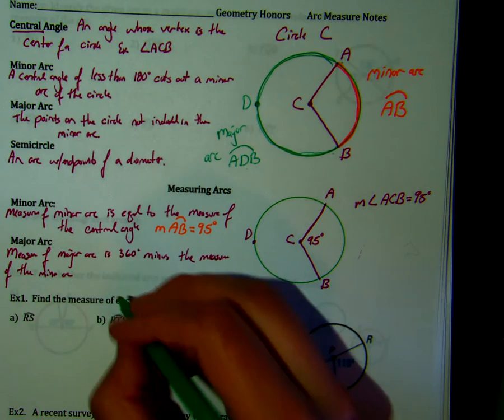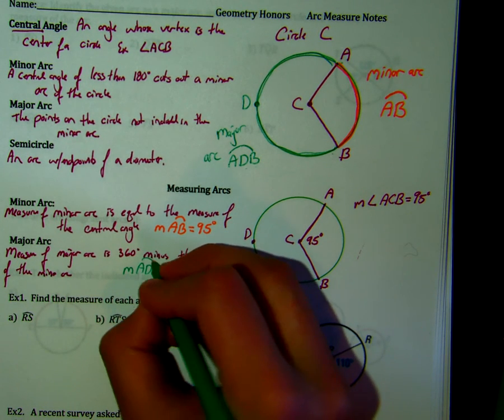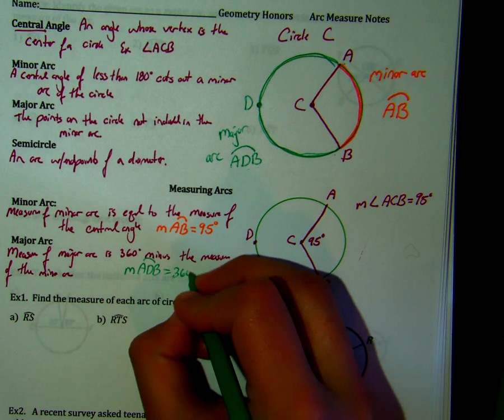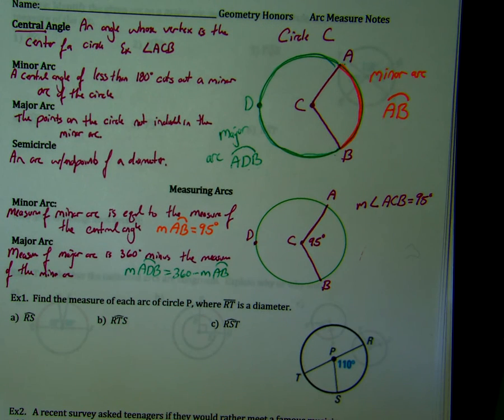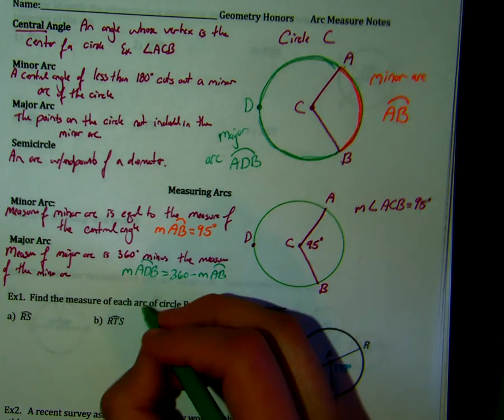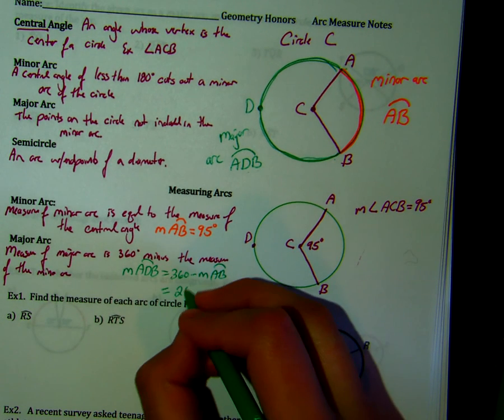So that means that the measure of the large arc ADB, the major arc, is 360 minus the measure of the minor arc. So in this case, it's going to be 360 minus 95, which is 265 degrees.